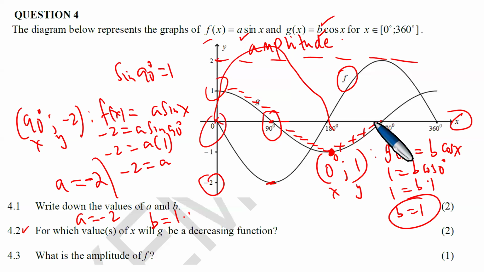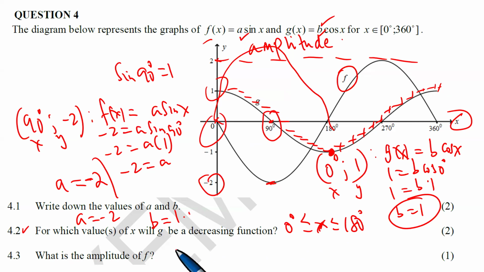So it's increasing here. We put plus signs like this. G is decreasing when it's going down slope. When x increases, the function is going down. And it is going down between 0 degrees and 180 degrees.